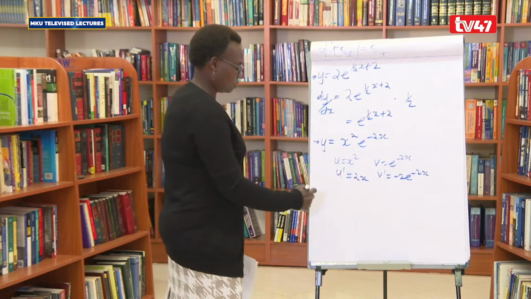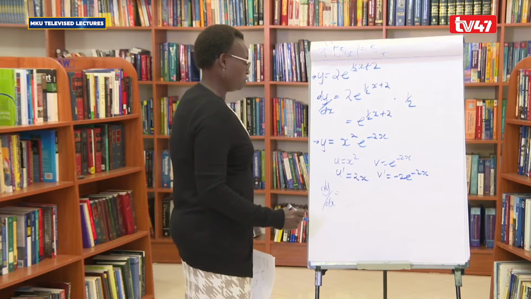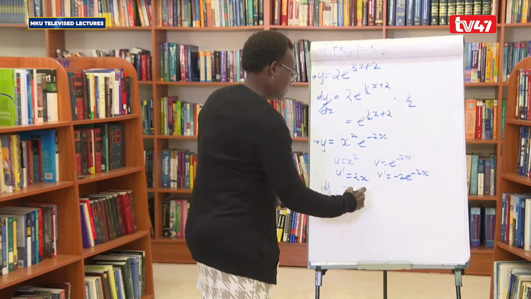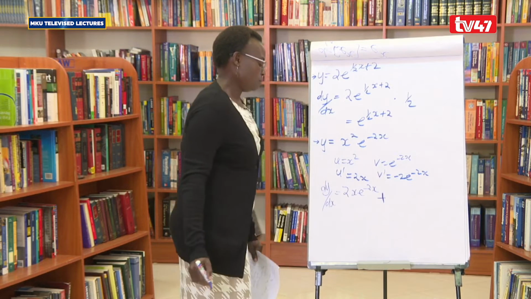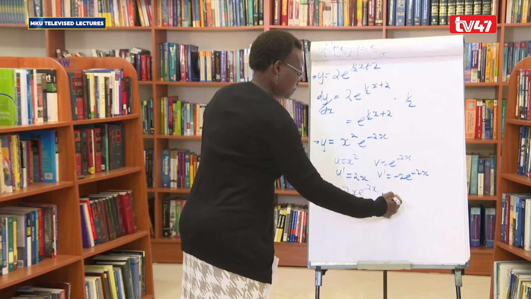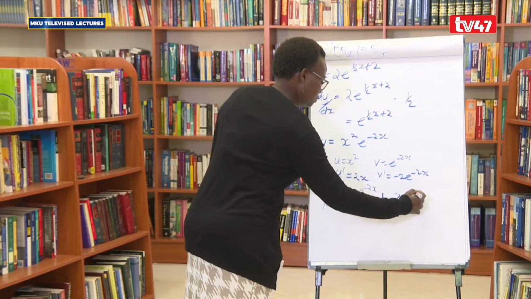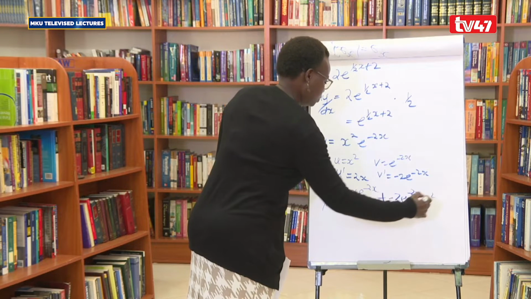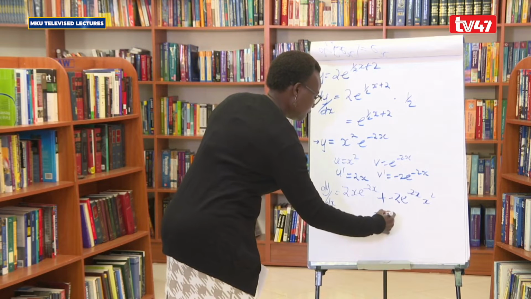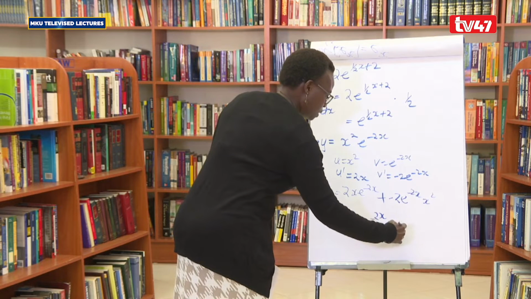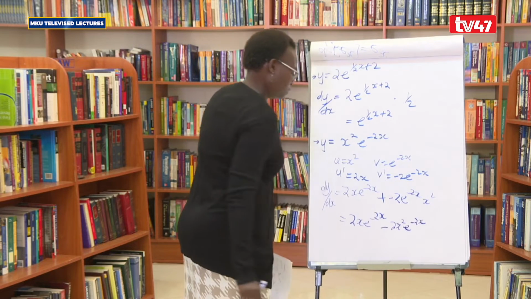Then we can now find what our dy over dx is. So this will give us u bar v, so that would be 2x e to the negative 2x, and then plus v bar u, we have a negative, so that is negative 2 e to the negative 2x times x squared. So we can express that as 2x e to the negative 2x minus 2x squared e to the negative 2x.